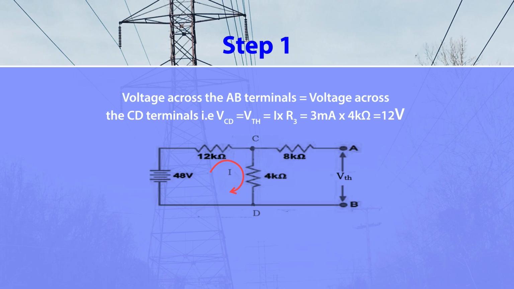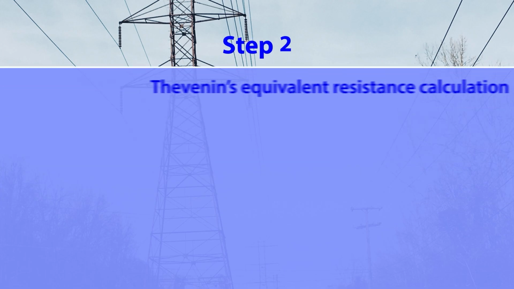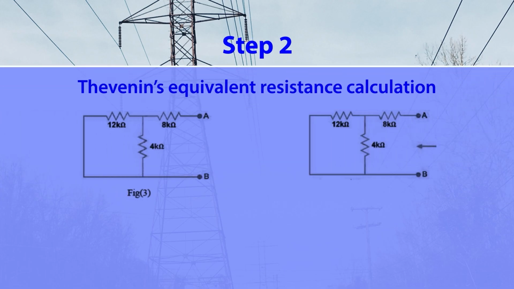It can be calculated as current multiplied by resistance R3, that is 4 kilo ohm. The value of I is 3 milliampere and the resistance in branch CD is 4 kilo ohm. So 3 milliampere into 4 kilo ohm comes to 12 volt. So the value of Thevenin voltage is 12 volt.